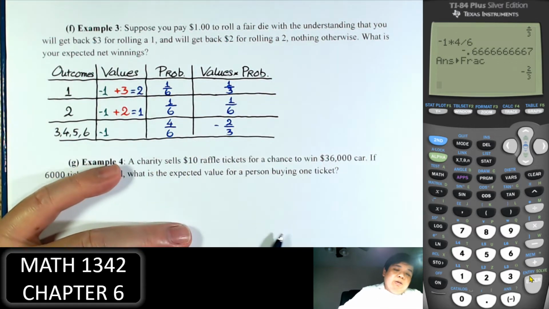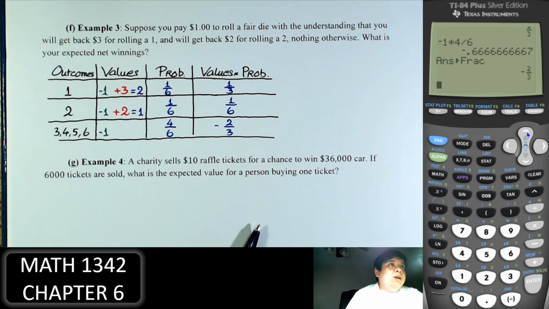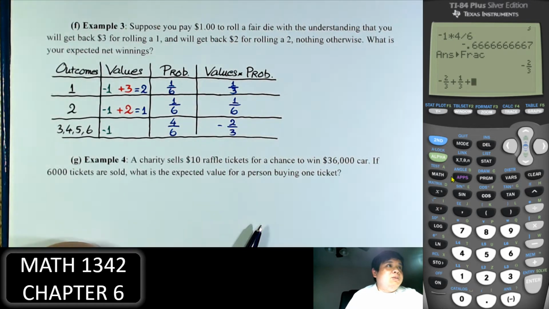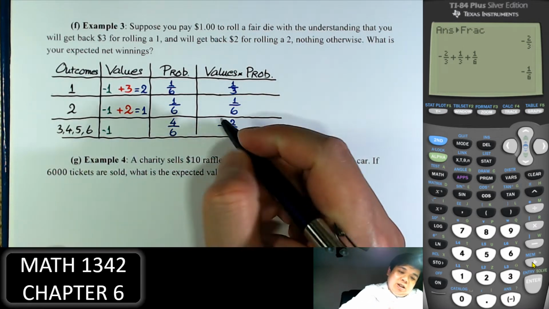Now I will add all this up: 1/3, 1/6, and -2/3. That gives -1/6.